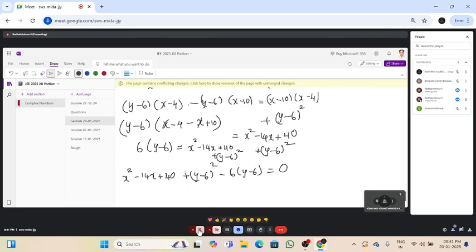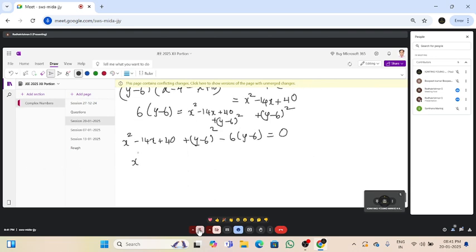So here also you have room for simplification. That is x² − 14x + 40, plus again you take (y − 6) common. This becomes (y − 6)(y − 6 − 6).